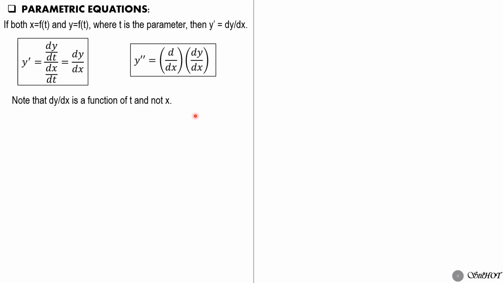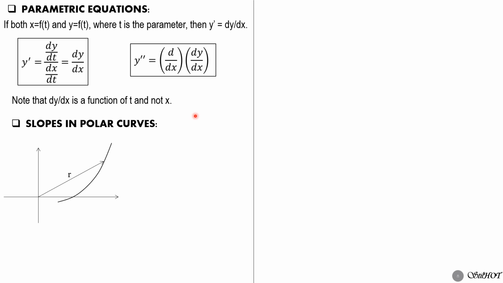Then let's develop formulas for slopes in polar curves. So take note that if we have a polar curve, then the slope of the tangent line to it is the tangent of the angle that the tangent makes with the horizontal.